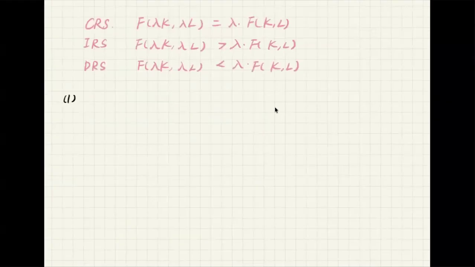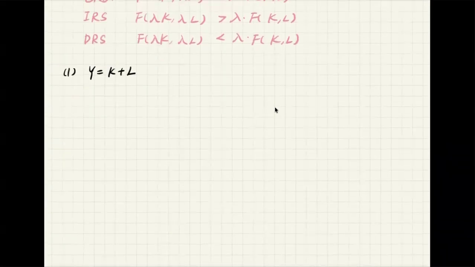Now the production function is Y equals F(K, L). So let's do the thing. Now you know F is F(K, L), right?